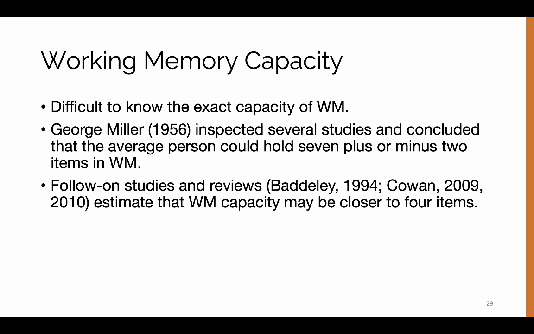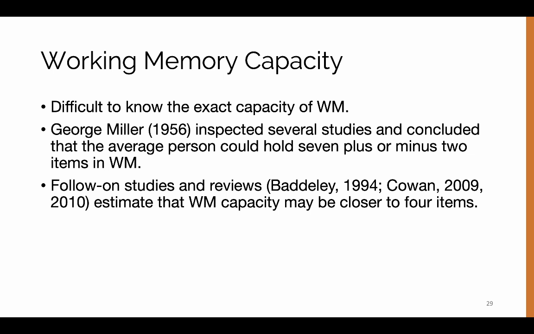Probably the most famous paper on the capacity of working memory was by George Miller in 1956, where he inspected several studies and reached the conclusion that the average person could hold about 7 plus or minus 2 items in working memory. Follow-on studies and reviews, for example, by Baddeley and Cowan and others, estimate that working memory capacity may be closer to 4 items. So you can see that it is not a lot.